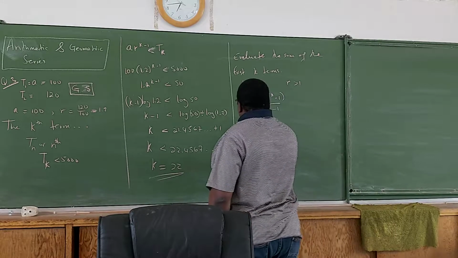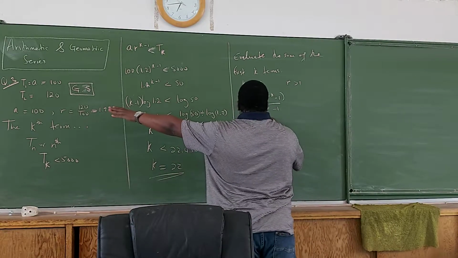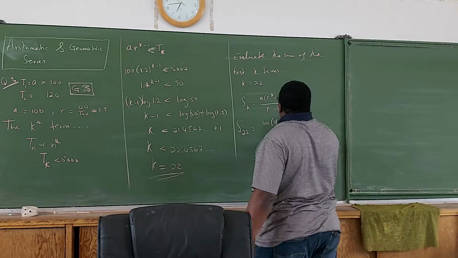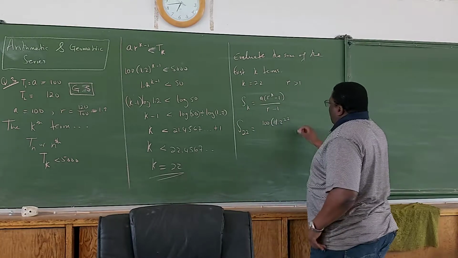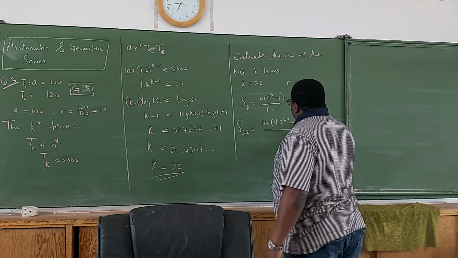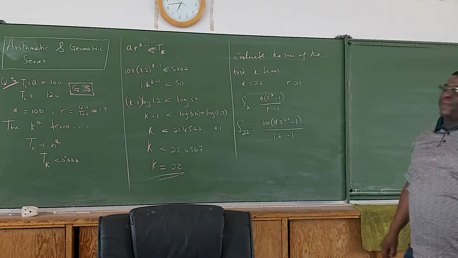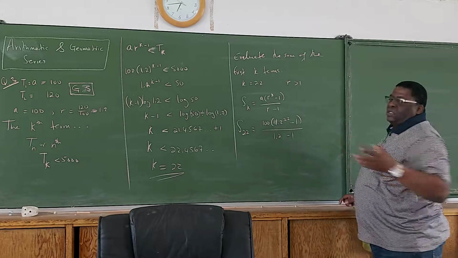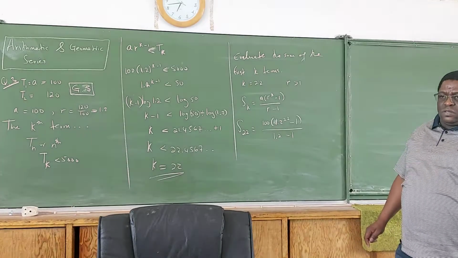So the sum of the first 22 terms is going to be our A being 100, and our R is 1.2, raised to the power of 22, minus 1, over 1.2 minus 1. Just give me the final answer and then the answer to 3 significant figures.